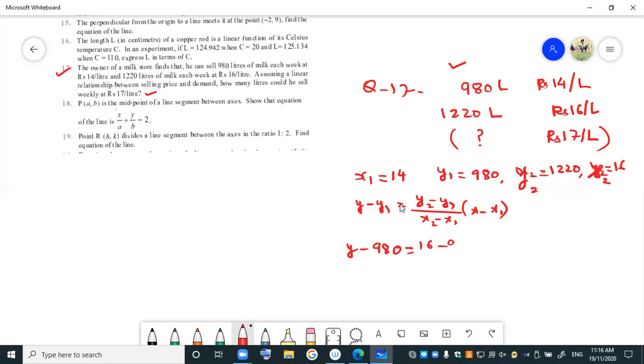So y2 minus y1 is 1220 liters minus 980 liters, divided by x2 minus x1, that is 16 minus 14, into x minus 14. So we get 1220 minus 980 is equal to 240.